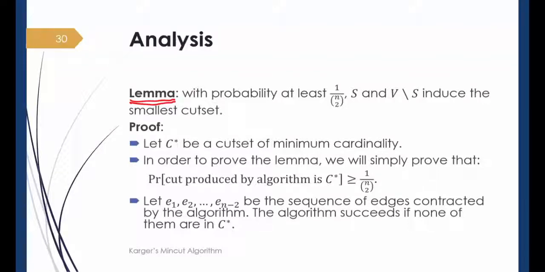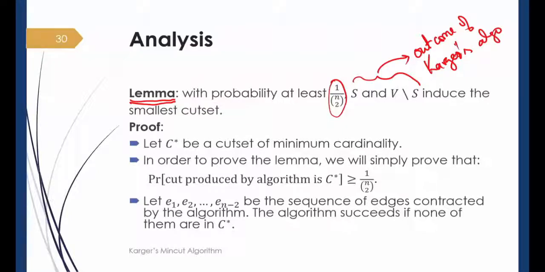With probability at least 1 over n choose 2, the sets S and V minus S, these are the sets that come out as an outcome of Karger's algorithm. This partition induces the smallest cut. And this is the claim that we want to prove.